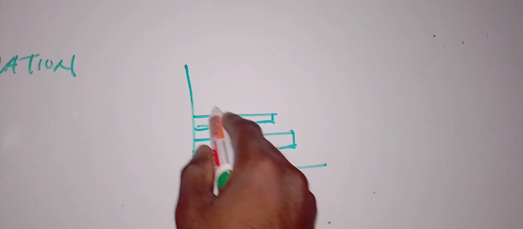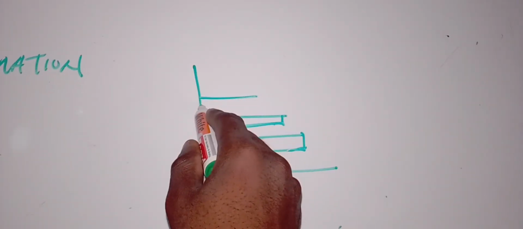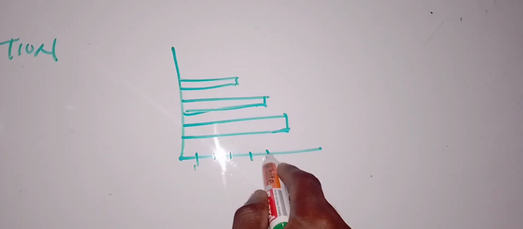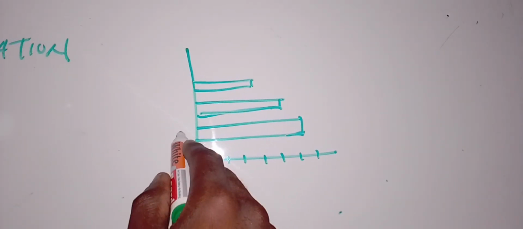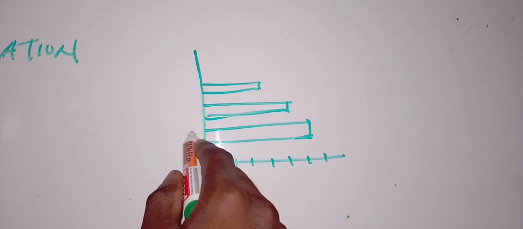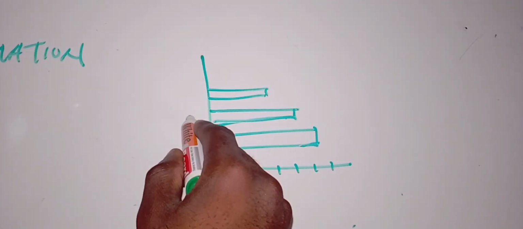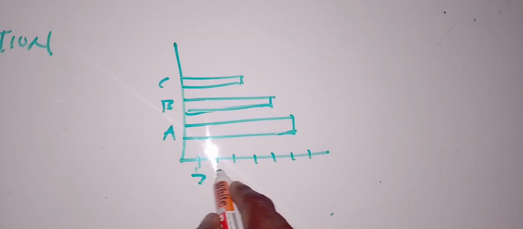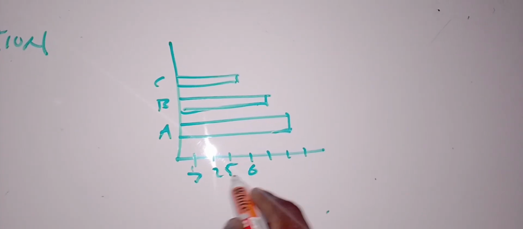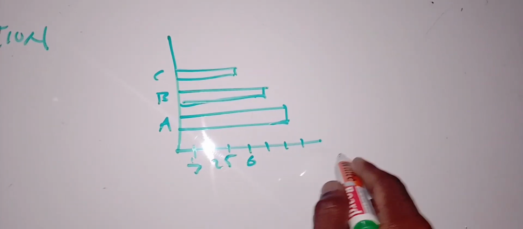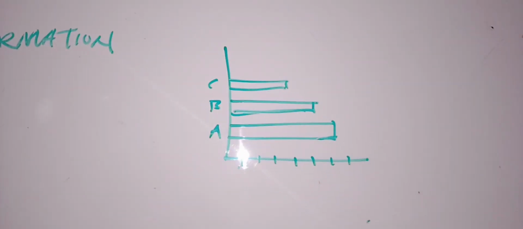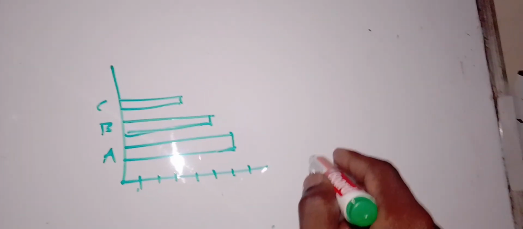There are numbers here as a scale, and the bars represent data, maybe data A, data B, data C, with scores like 3, 2, 5, 6, or 2, 4, 6, 8. Okay, this will be the horizontal.